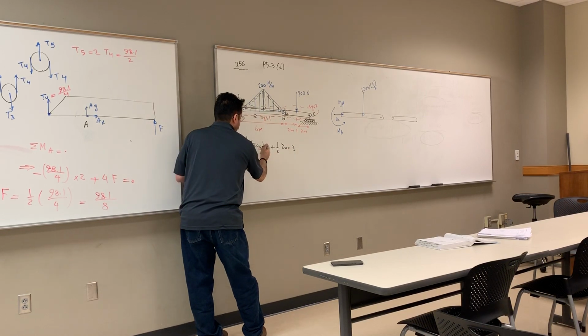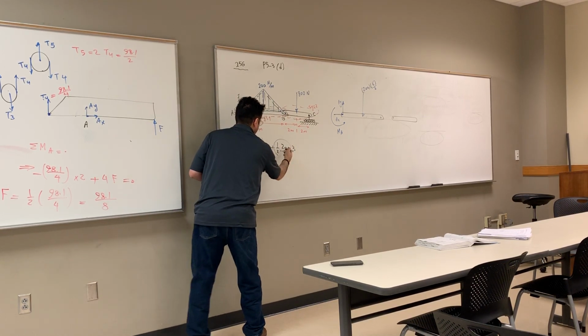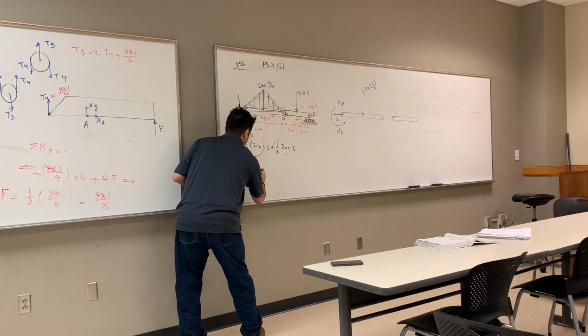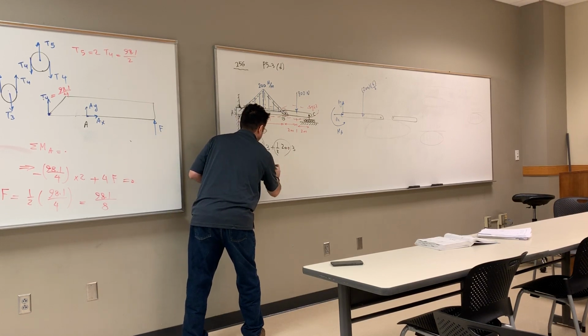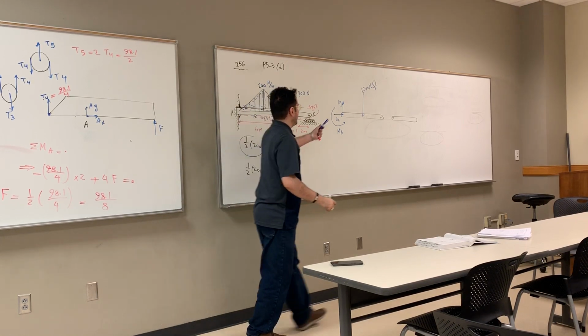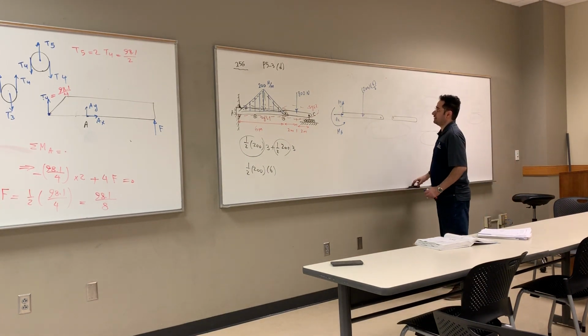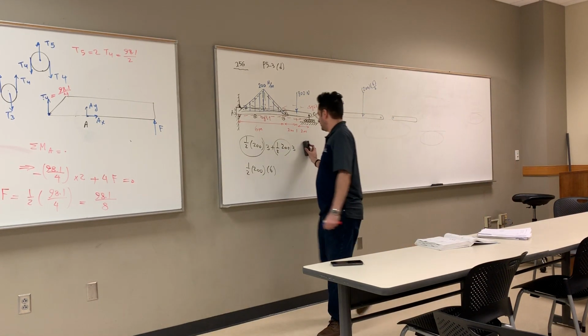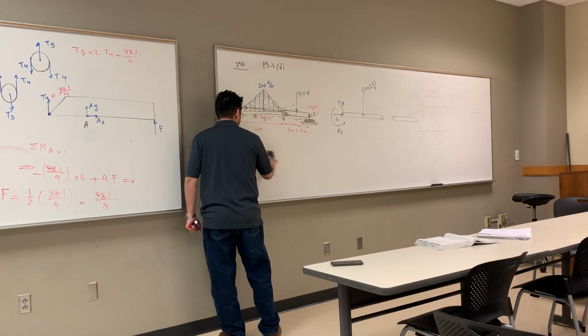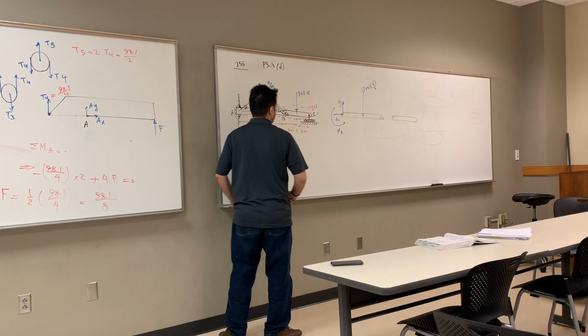Now factor out half of 200, so you get half of 200 times 3 plus 3, 6. That's what I have here, 200 times 6 divided by 2. You can do that. Do whatever you like to do.